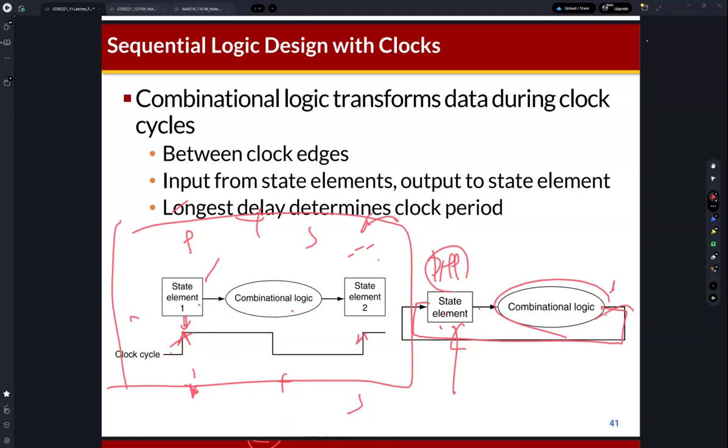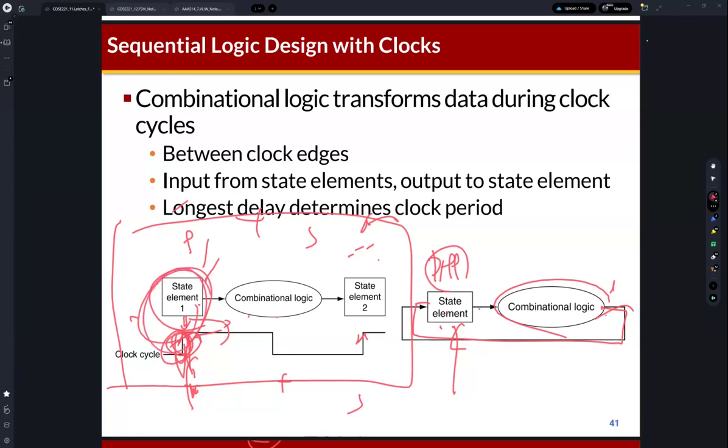We have learned about the combinational logic, but when we build real digital systems, the combinational logic is located between D flip-flops. This D flip-flop just controls the timing of input signals to this combinational logic, which means that the input signals are updated on the rising edge of this clock, right?